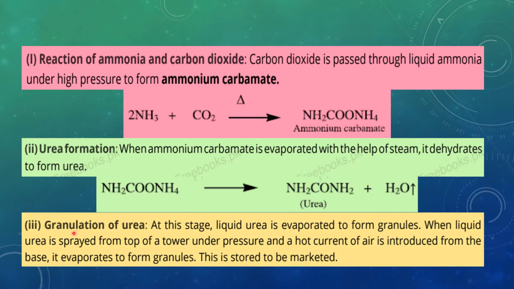Small grains are formed of this urea. Liquid urea is evaporated to form the granules. Water molecules are removed from this. If any remaining water molecules are there, they are further evaporated, and then the urea changes into the form of grains. Liquid urea is sprayed from the top of a tower under high pressure, and a hot current of air is introduced from the bottom.